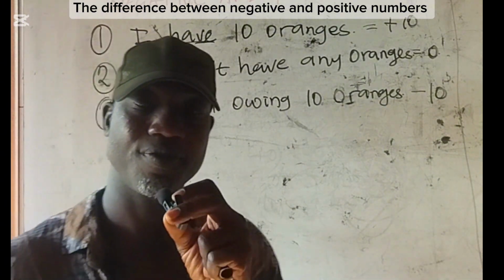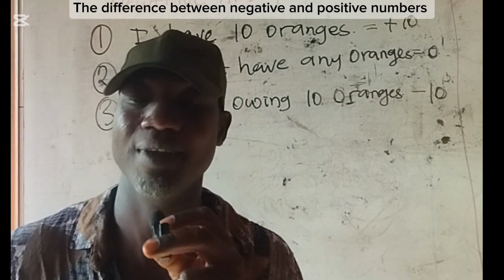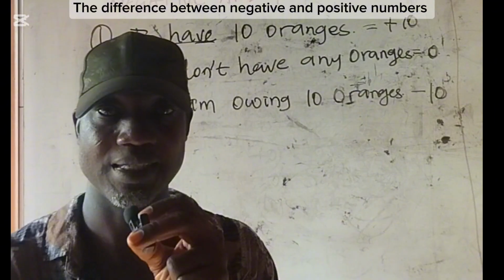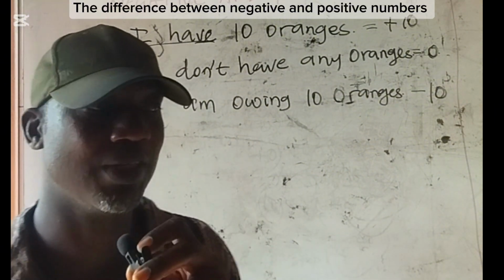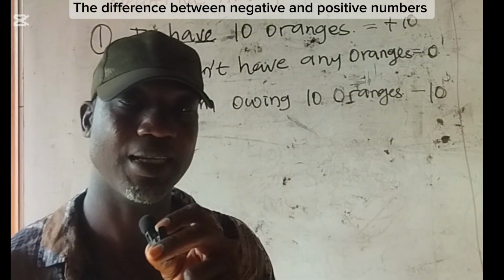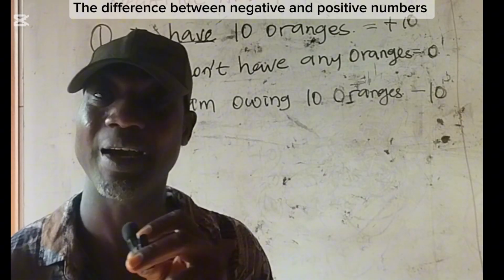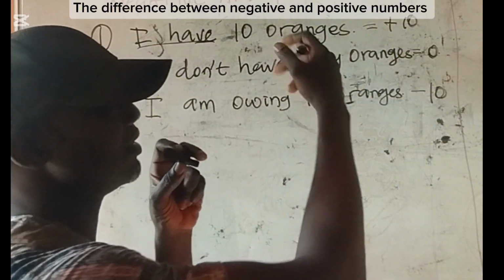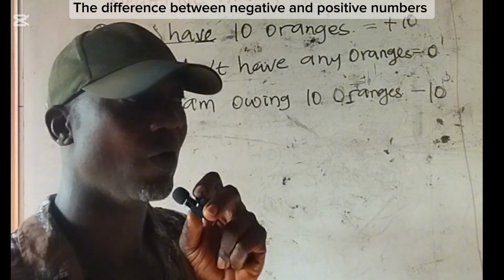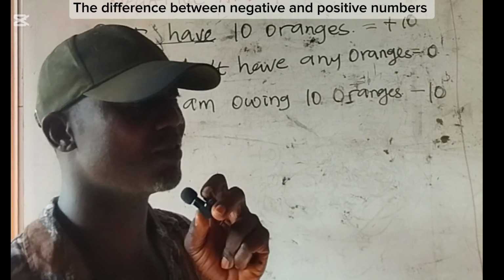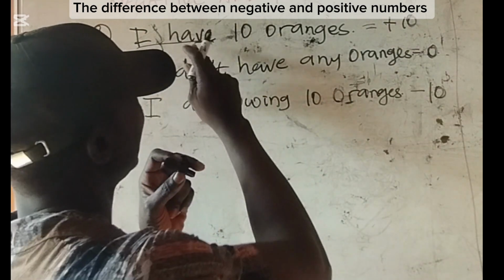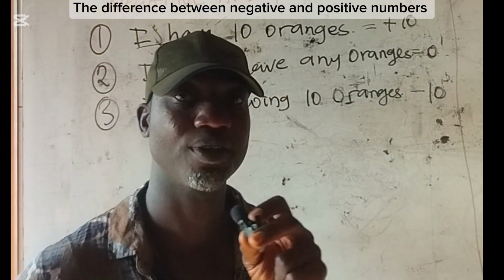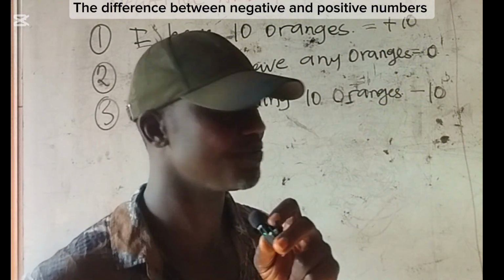So if you see any number that is a positive number, just know that whatever item or idea is being counted, the person or the thing has it in its possession. I have is the reason why we have plus 10. Plus is addition. It is in my possession.